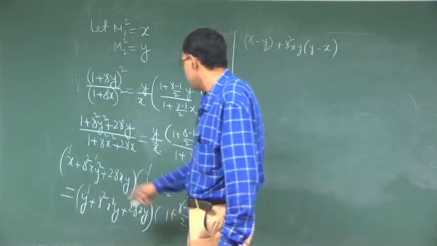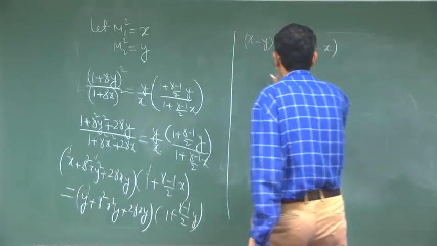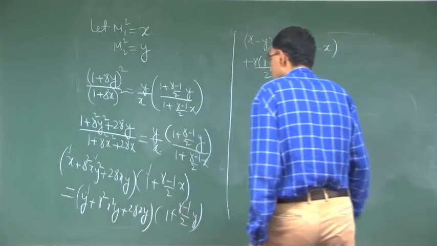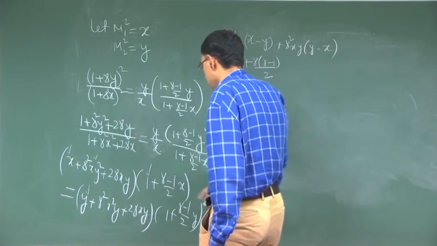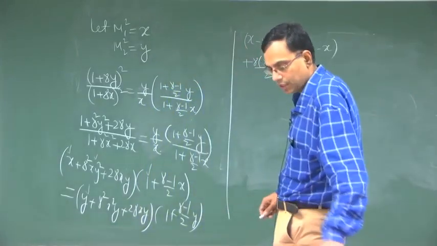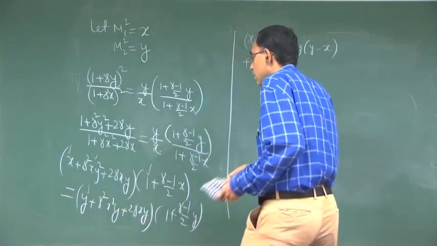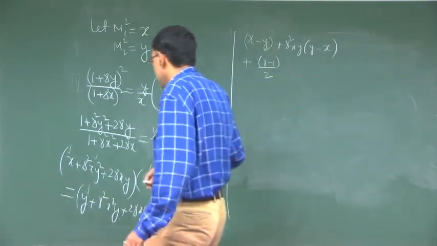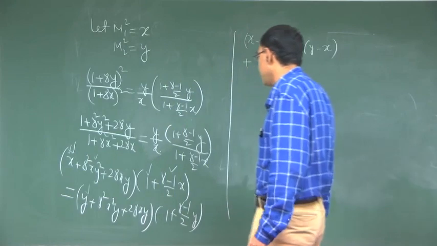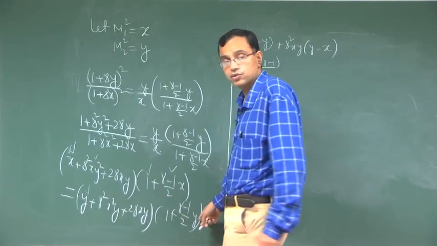Then we will consider the first term multiplied with the second term. So, only (gamma minus 1) by 2. This term multiplied by this term will be (gamma minus 1) by 2 x square, and a similar term here will be y square.